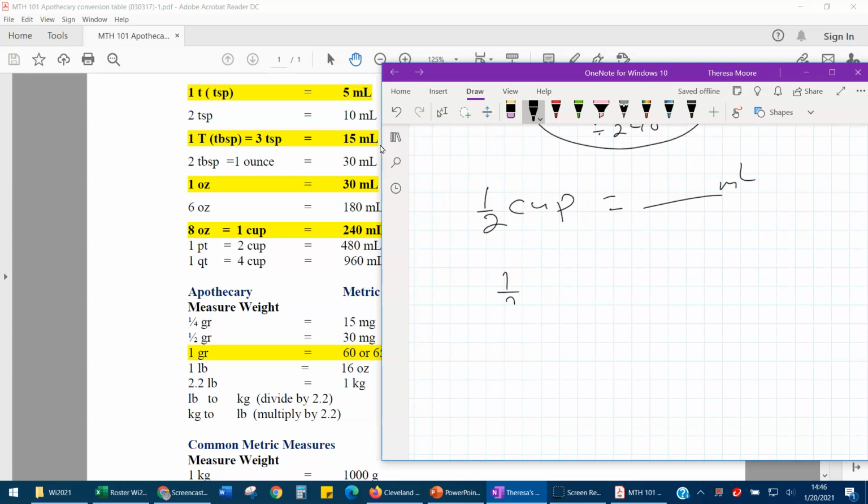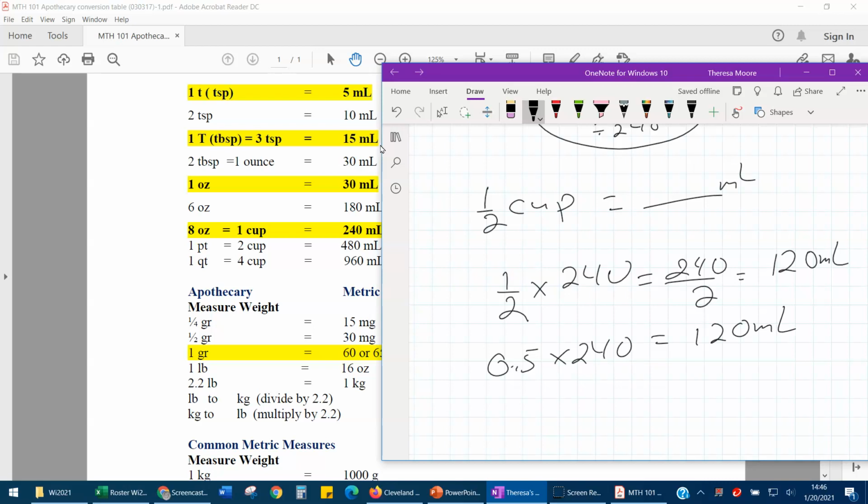But either way, a half a cup, I would take a half times 240, and that gives me 240 over 2, which equals 120 milliliters. If I wrote 0.5, because 0.5 and a half are the same, times 240, when you do your multiplication, you still get 120 milliliters.